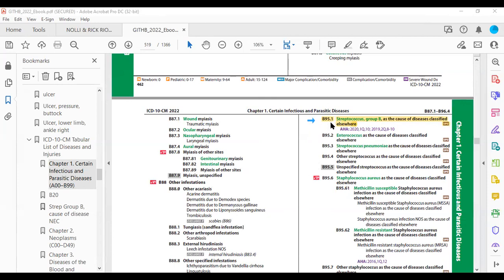Note here, don't get these confused. B95.1, Streptococcus group B as cause of disease classified elsewhere. What's different over here with B95.61 is right here, methicillin resistant. So you need to read this carefully to be directed to the correct codes.